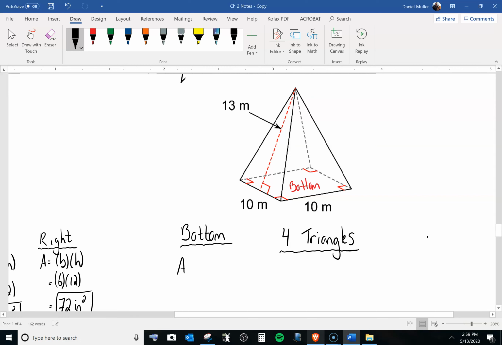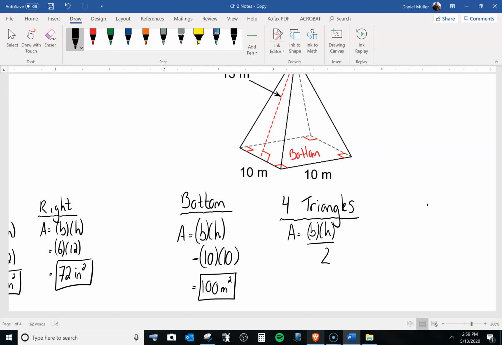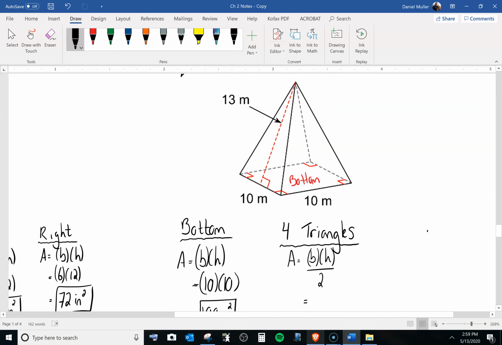Now the bottom is a square, so base times height, 10 times 10, which is 100. And we are, what is it, meters. So 100 meters squared. Now a triangle is base times height divided by 2. And the triangles, I've forgotten now, what are the bases?